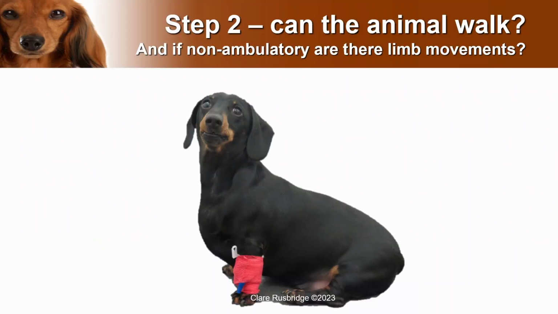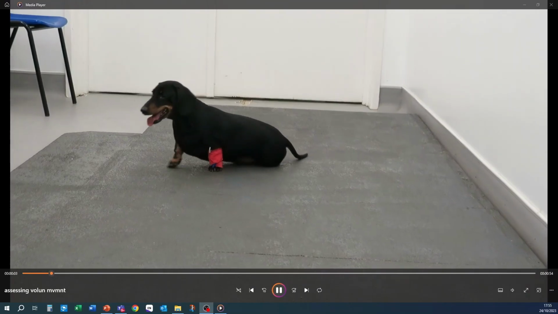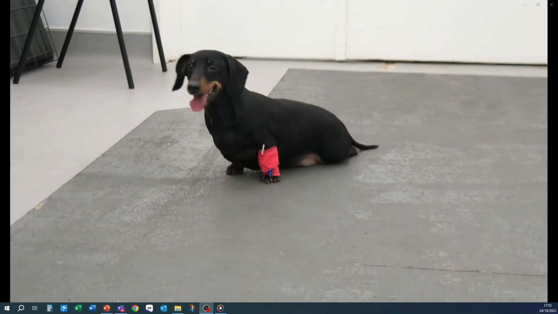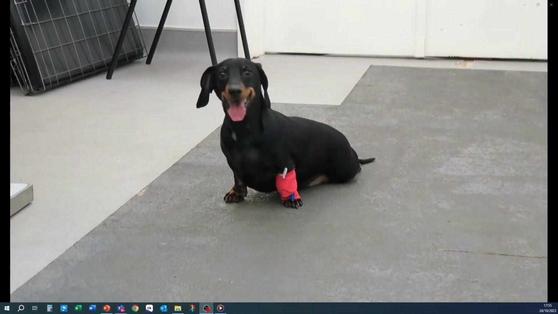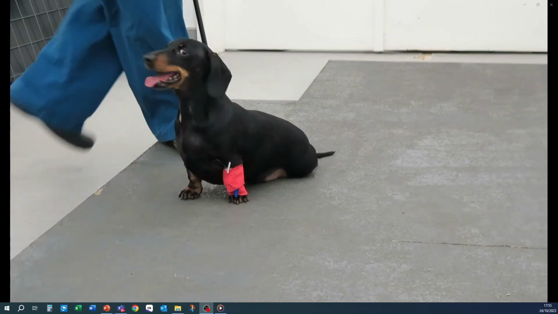So step 2 is determining if the animal is able to walk independently, even if it's just a few steps before they fall over. If they're non-ambulatory, are there any voluntary limb movements? So we can see this little dog is evidently unable to stand up and take a few steps. Make sure that I can see the legs.